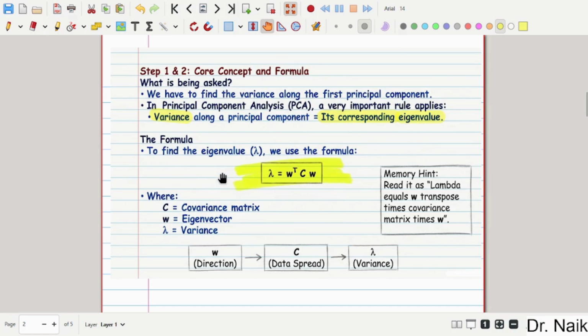The formula to calculate the eigenvalue is lambda equals W transpose C W, where lambda is the variance or eigenvalue, W is the eigenvector and C is the covariance matrix.